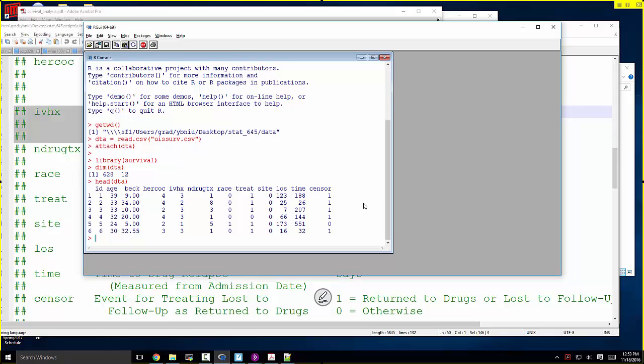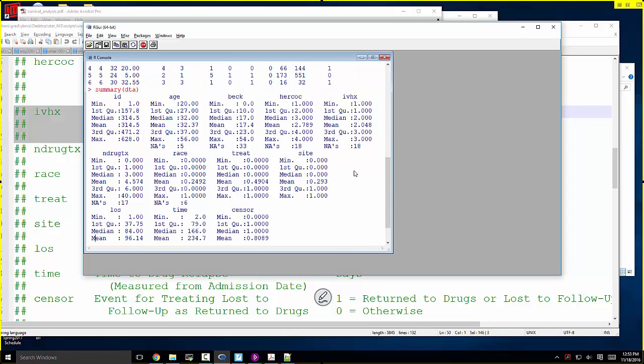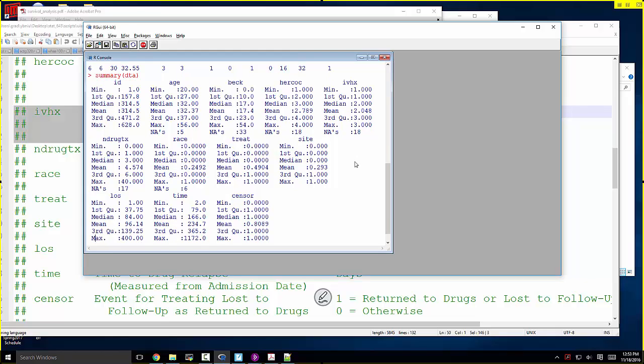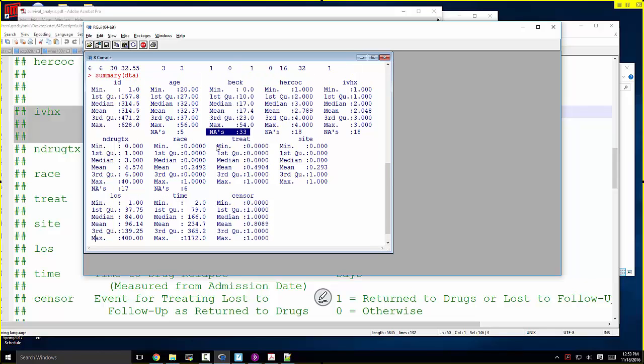Okay, let's look at a summary of the data, just to get a feel for any outliers, are there missing values, that kind of thing. So there are some missing values. Age has a few, depression has more, heroin, cocaine, IV history, number of drug treatments, and race all have some missing values.